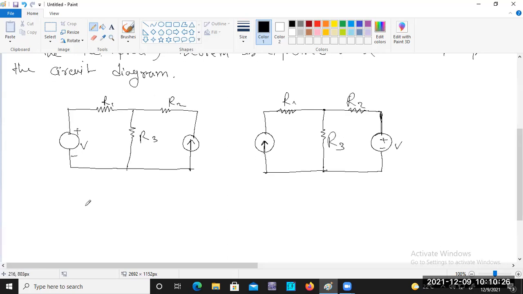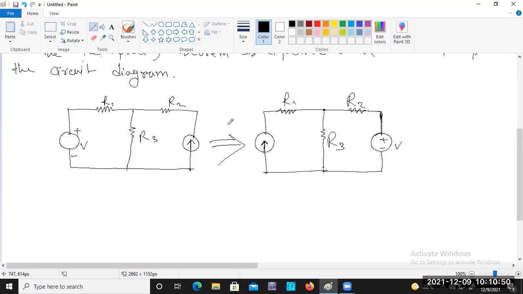The various resistances R1, R2, R3 are connected in a circuit, with the voltage source V and the current I. If we change this position, then the current through this branch will be the same.